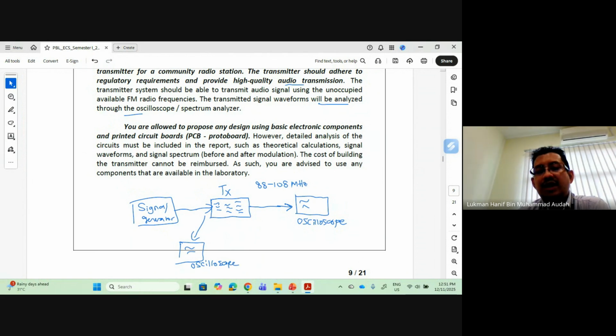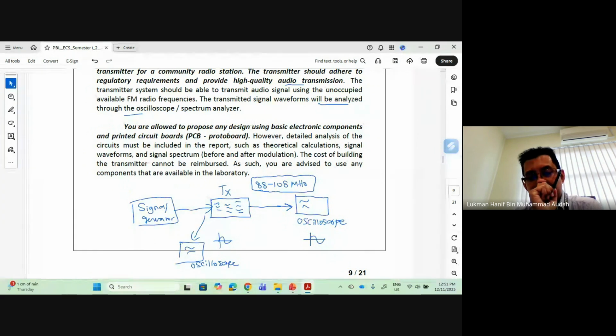Okay, so we can measure the signal at the input and also the signal at the output. For example, at the output here, you should be able to get the value between 88 until 108 megahertz in the oscilloscope. So if you can successfully produce the output in the oscilloscope, that means your project is a success.